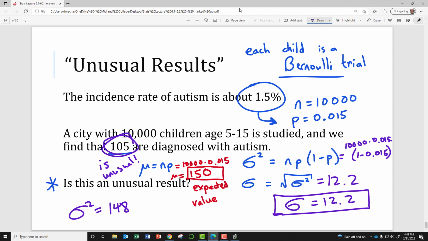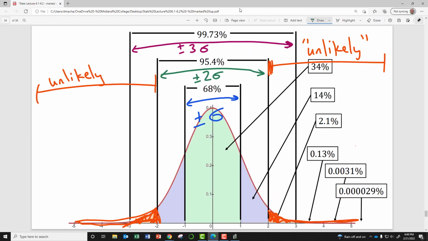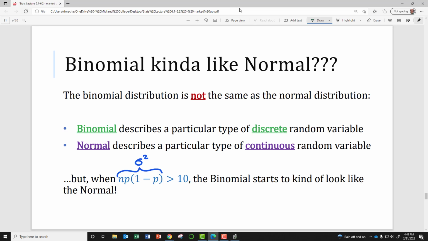There's one more thing that I forgot to mention that's still very important. If you want to use this kind of reasoning in this type of problem, you need to make sure that the normal approximation works for your binomial distribution. Like I said in a previous slide, we say that the binomial looks enough like the normal distribution if the variance of the binomial distribution is greater than 10.